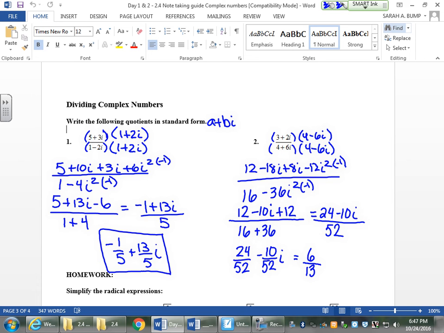And then the second fraction, I can divide both by 2. And I will get 5 over 26i. So at the very end, I could simplify those. And that is it.